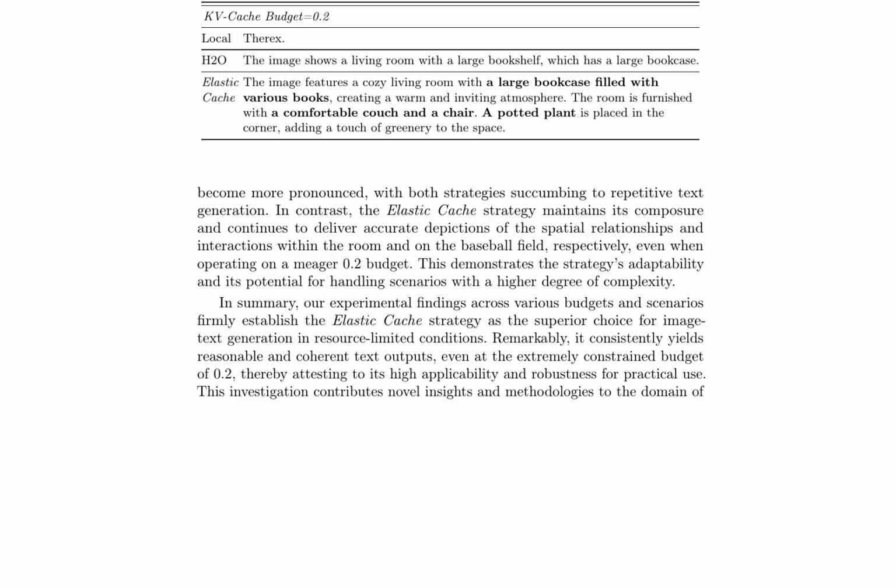The experimental findings firmly establish the Elastic Cache strategy as the superior choice for image text generation in resource-limited conditions. This investigation contributes novel insights and methodologies to the domain of image text generation, highlighting the importance of the Elastic Cache strategy's high applicability and robustness for practical use.